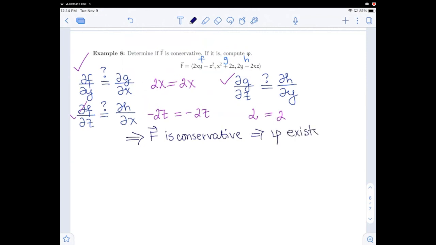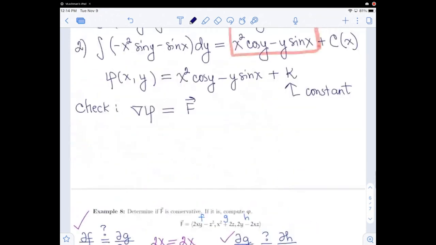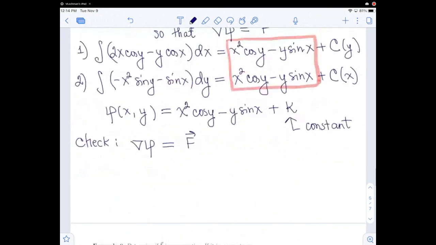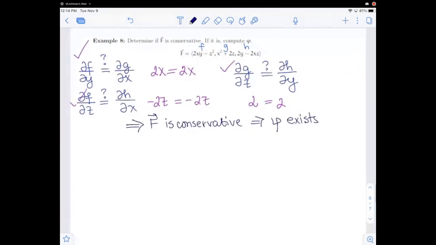All right, what do we do? Same steps as in our previous problem, except now we need to integrate 3 times. First one, we're integrating 2xy minus z squared with respect to x. What do we get?